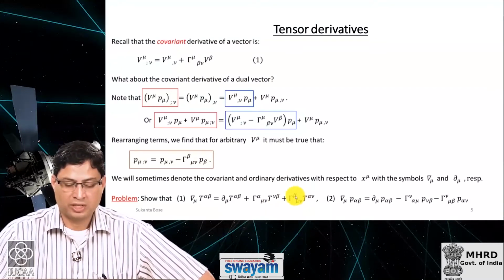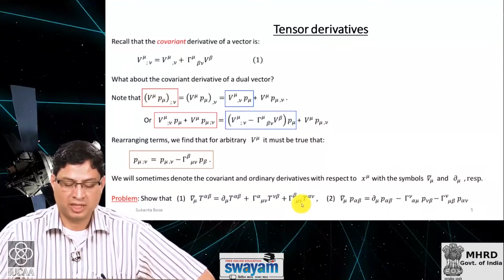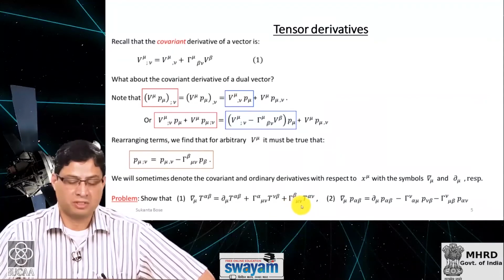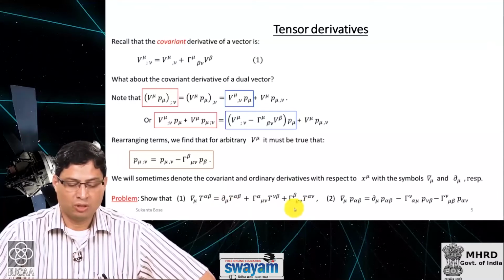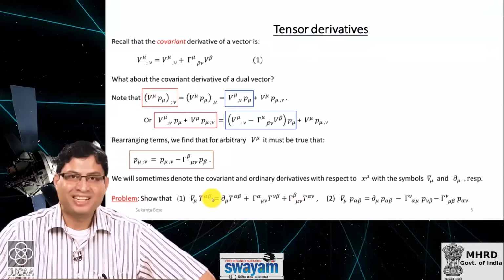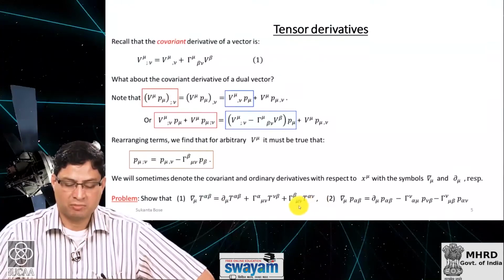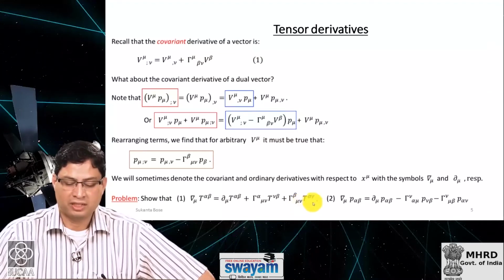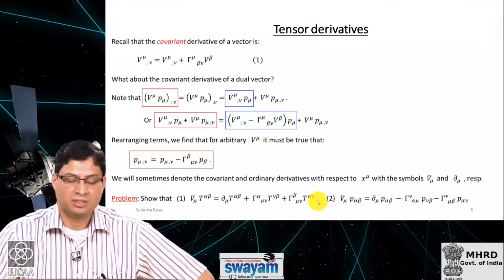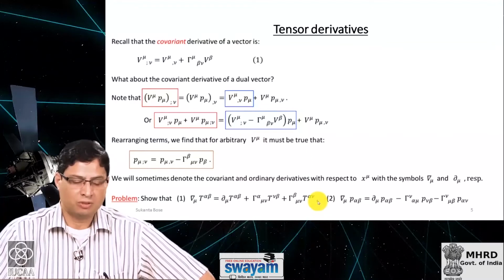So, beta is now taken over by gamma, which means it is the second index on our tensor that is contracted, namely the nu, with one of the lower indices of the Christoffel symbol. So, this is the rule for expanding the covariant derivative of a 2-0 tensor in terms of ordinary derivatives and Christoffel symbols. If you add three indices, you will have a third term here, once again with Christoffel symbols, but one of its lower indices will be contracted with that third index on that 3-0 tensor component.